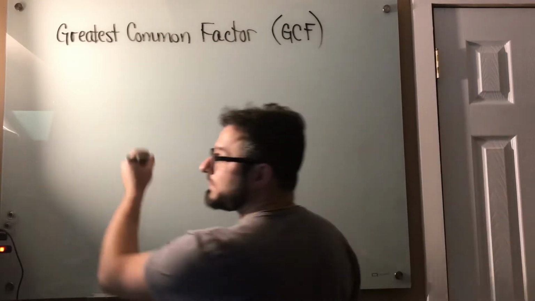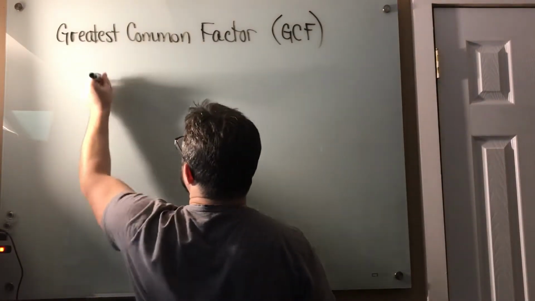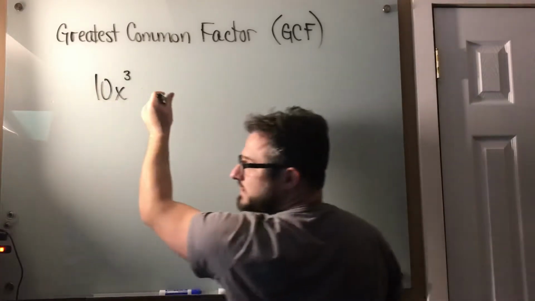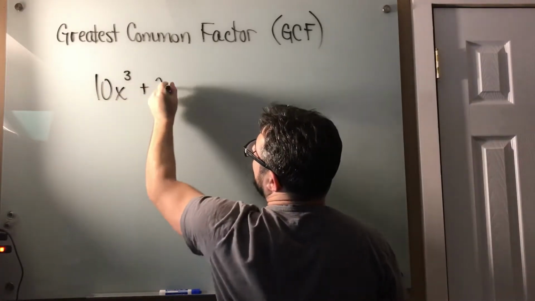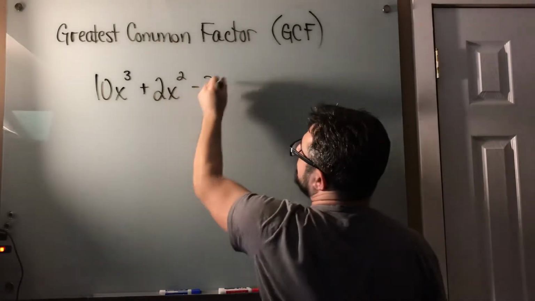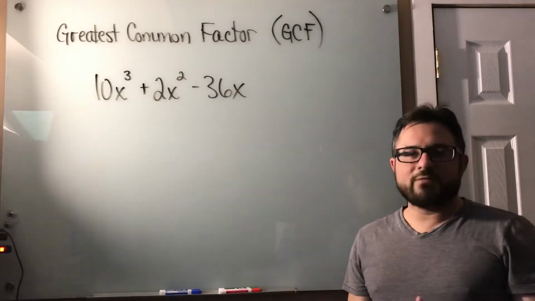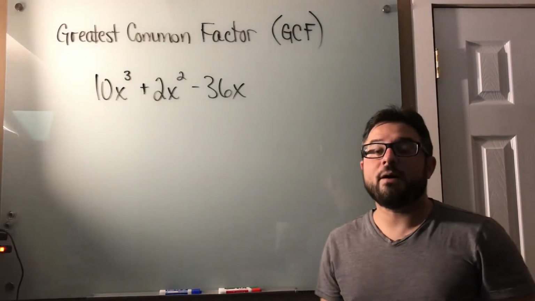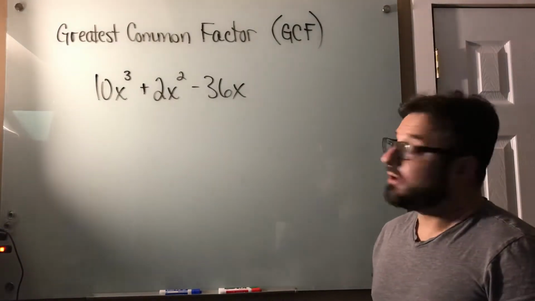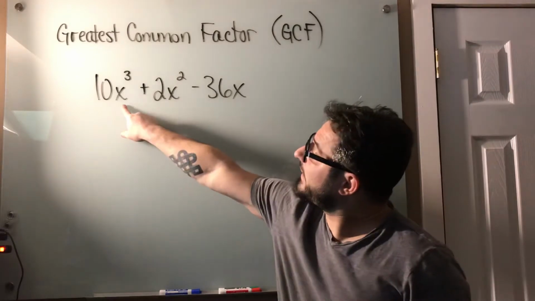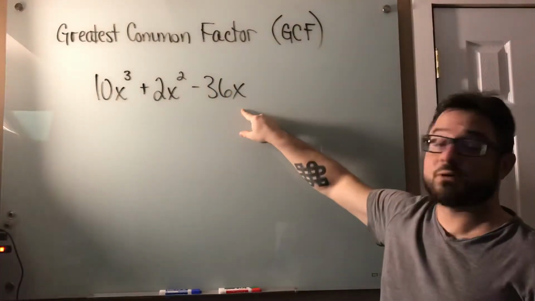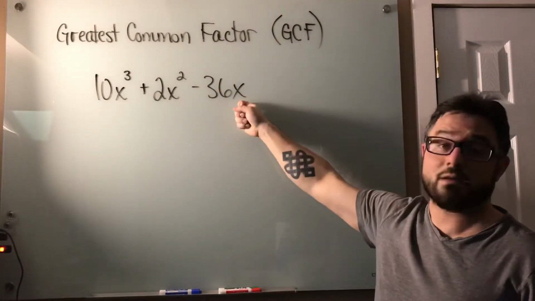For example, suppose we have 10x cubed plus 2x squared minus 36x. Somewhat of an intimidating polynomial, certainly, but we can note that each term has some number of factors of x in it, at least one.